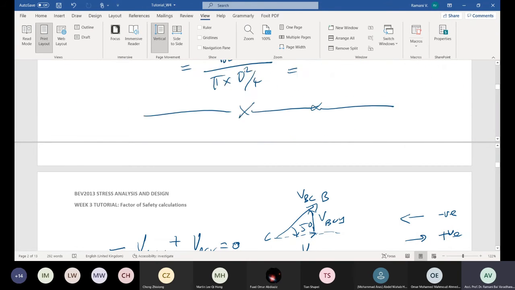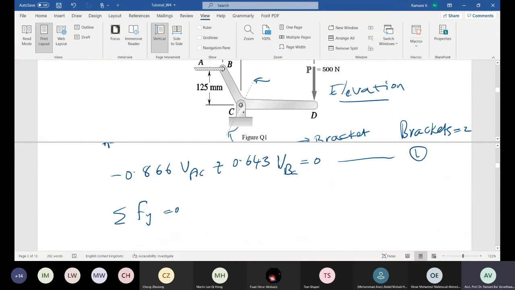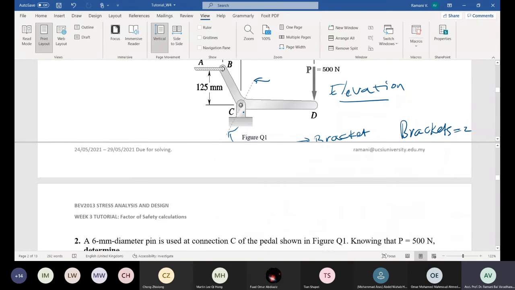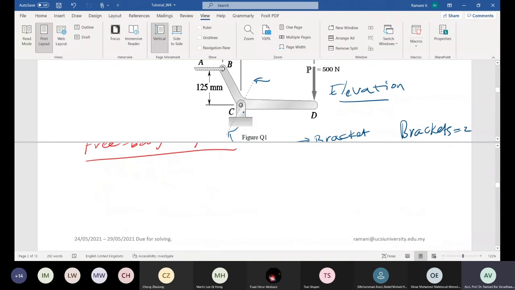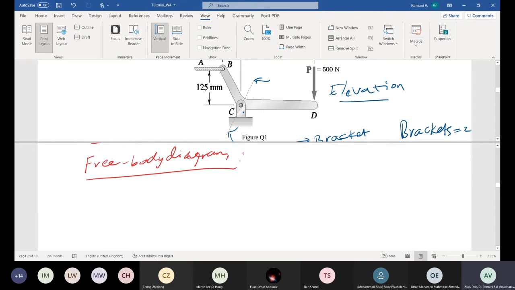Let me do the free body diagram with the given data. Start from here, which is a very important diagram for you. Make it very clearly done. Start from here is A, and then B, right? The location of A and B is given. And then what else is given?